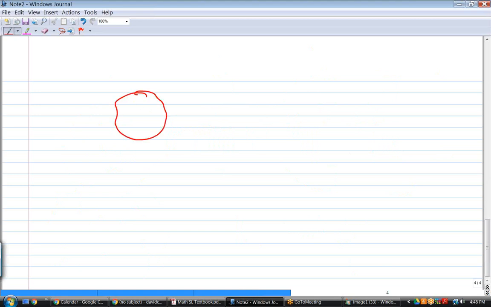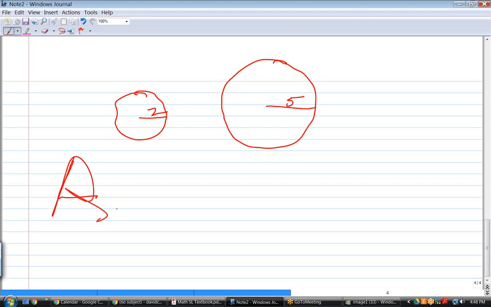So let's do a simple one here where I have a circle whose radius is 2. And I have another circle, all circles are similar by definition, whose radius is 5. So what is my linear ratio? 2 to 5.